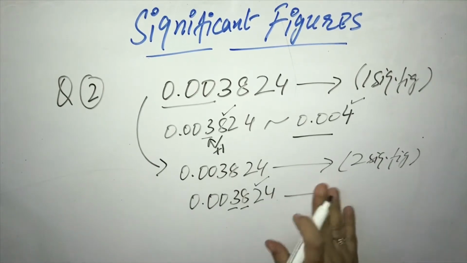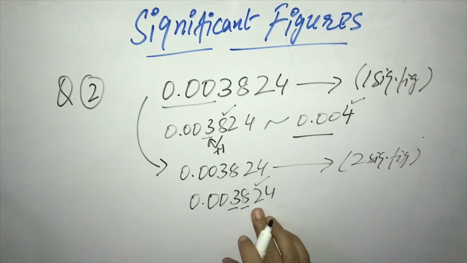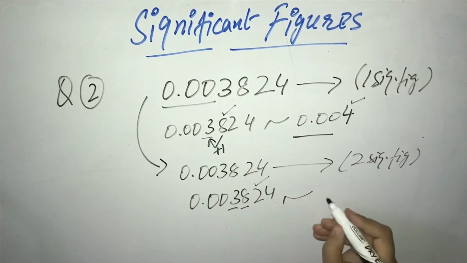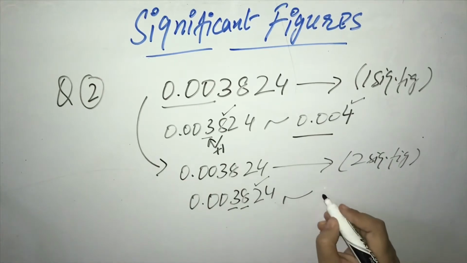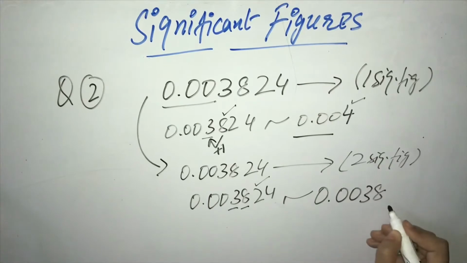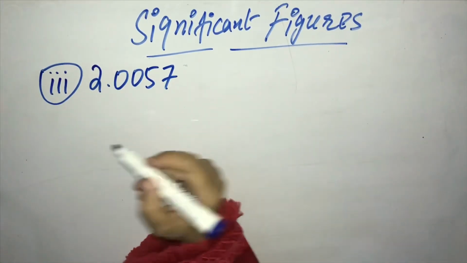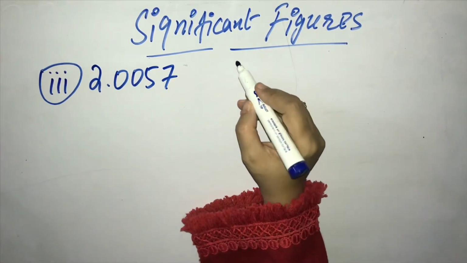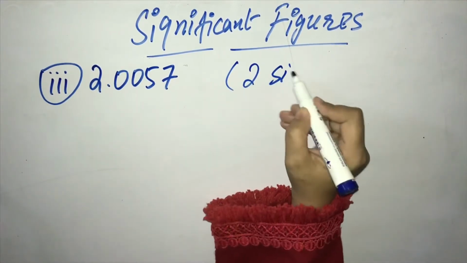As the third one is less than 5, I shall drop it along with the one after it, and my final answer correct to two significant figures will be 0.0038. My next number is 2.0057 and I have to give the answer correct to two significant figures.